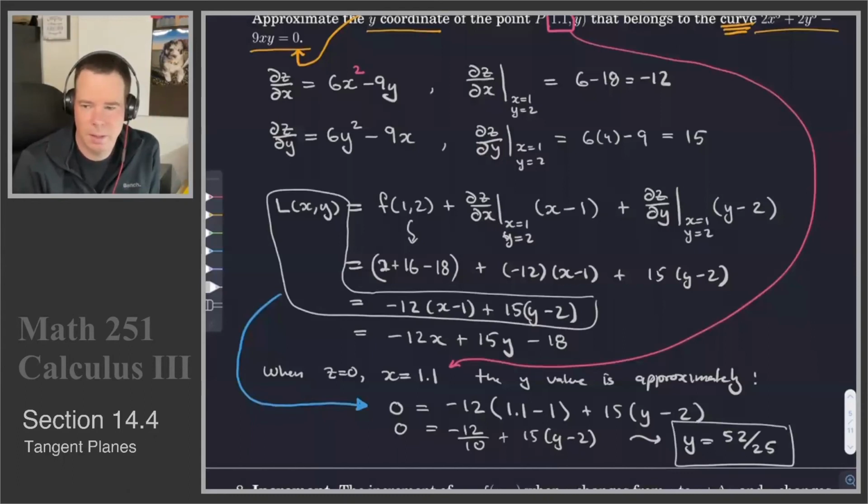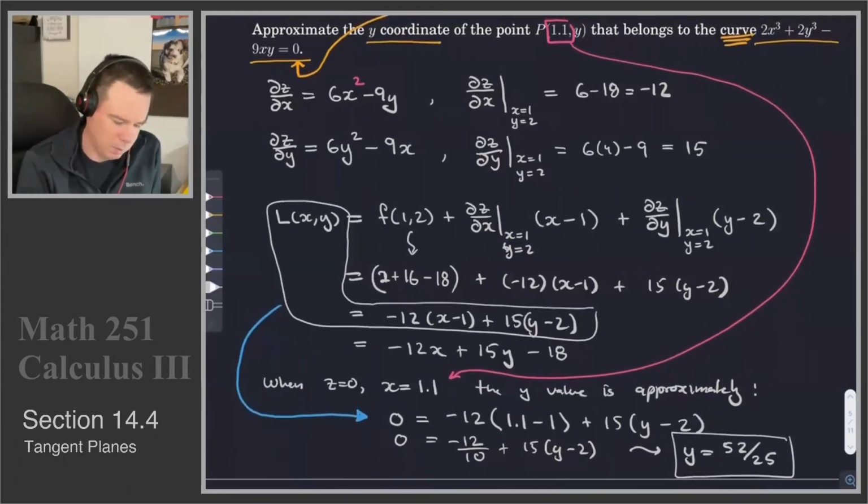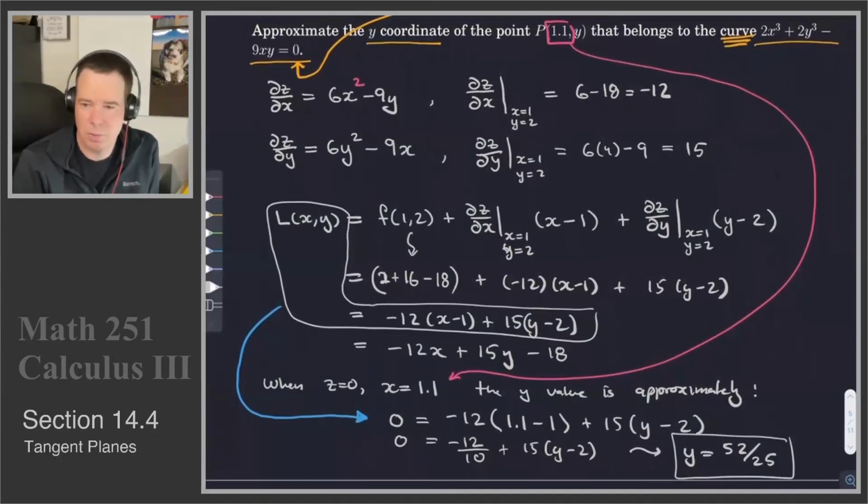Right, so again, the idea was we have a surface, we can construct a tangent plane to that surface, and then any question about what's going on around the point we constructed our tangent plane at, in this case, around the point 1, 2, we can use our linearization, our tangent plane, to answer questions about what the surface is doing around that point.